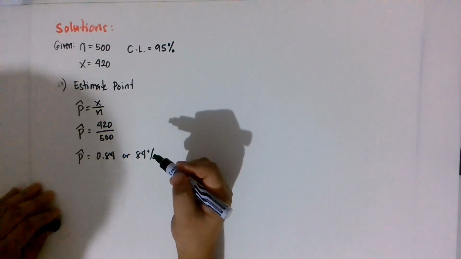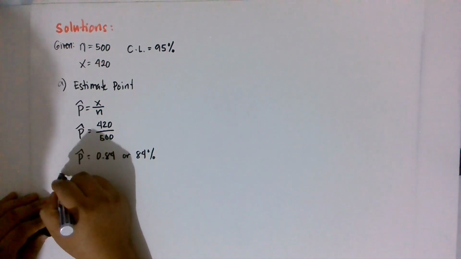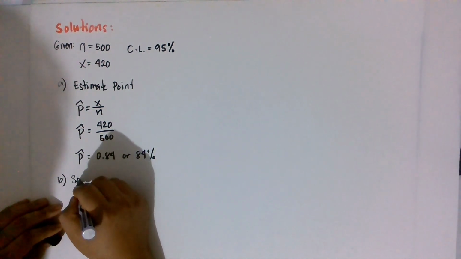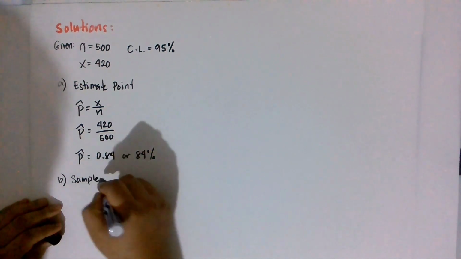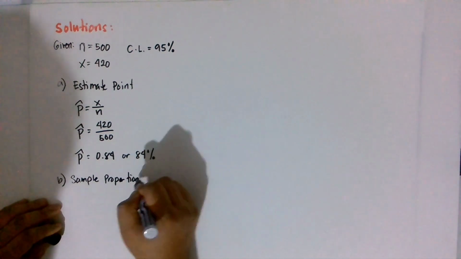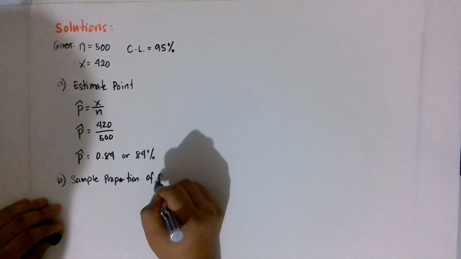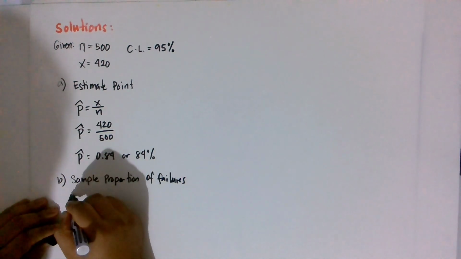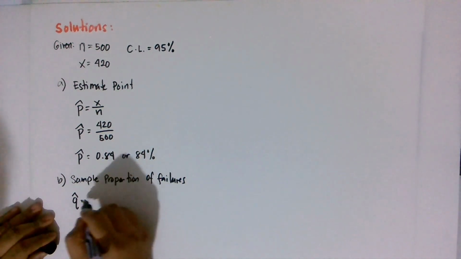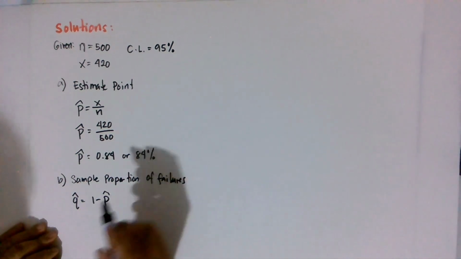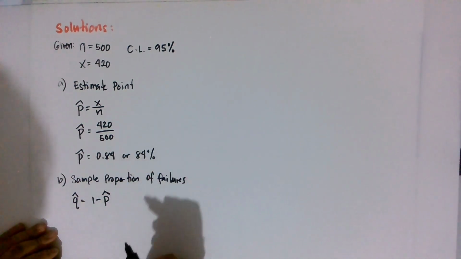Okay? Now for letter B, what we are looking for here is the q hat, or the sample proportion of failures. Again, that is q hat, and the formula is equals to 1 minus p hat. So, we have already the p hat. Isusubtract lang natin yun sa 1.